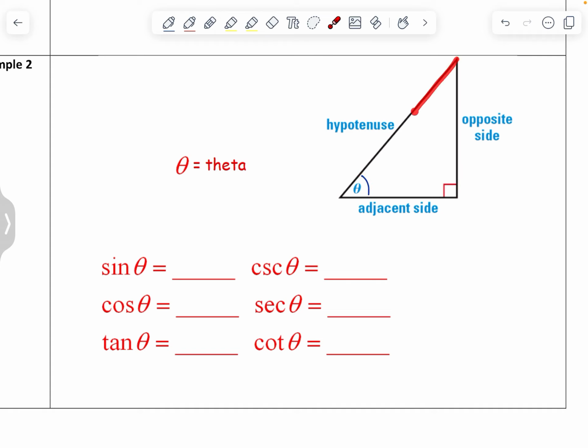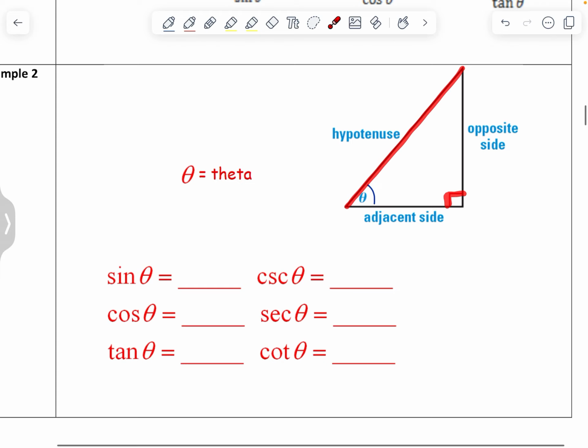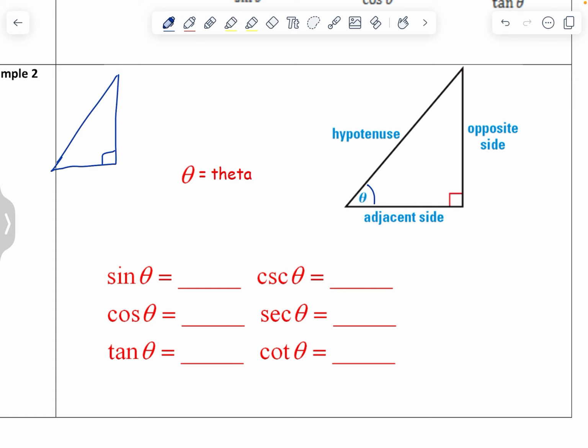The hypotenuse is always the largest side, and it's always across from the largest angle, which is your 90-degree angle. Adjacent and opposite might change based on where your angle is located. If I move my angle up here, then this becomes my opposite, this becomes my adjacent, and the hypotenuse is still across from the 90.